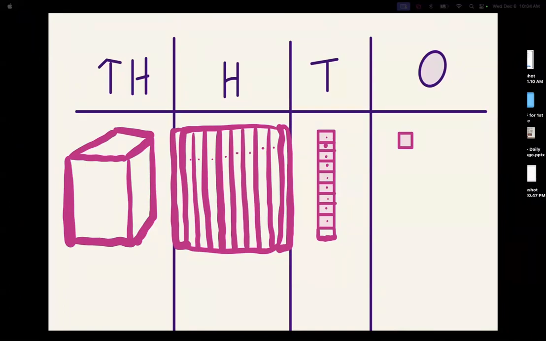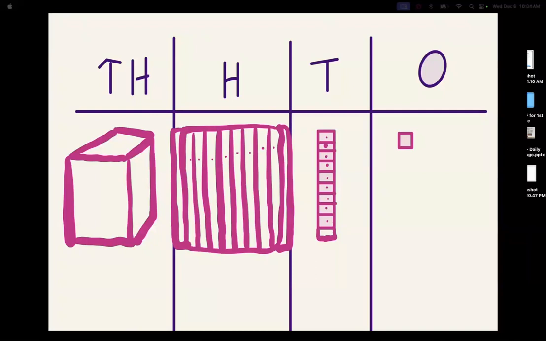Noah says 10. Zuri says 10. How many hundreds blocks make a thousands cube? Rahab says 10 hundreds blocks make a thousands cube.